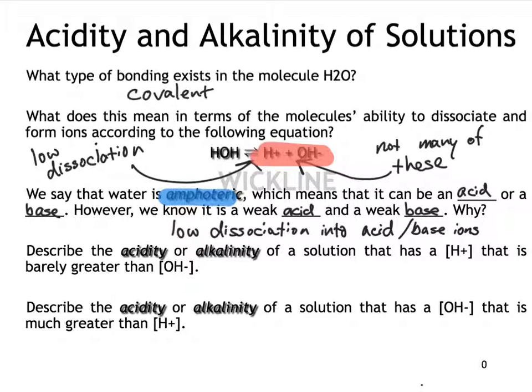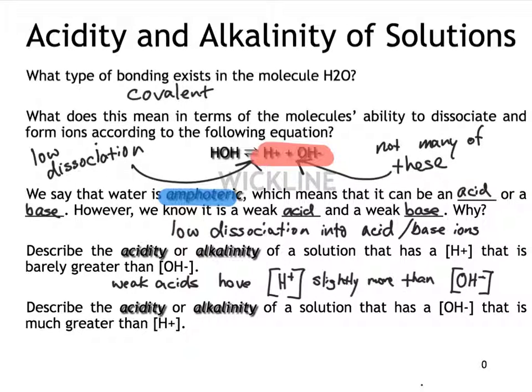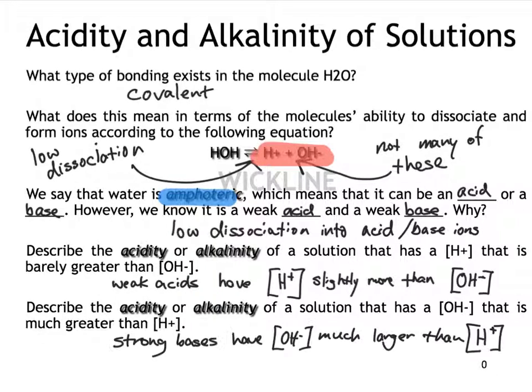But there are solutions that have more H than OH. And in the case where you have just barely more H than you have OH, you would be considered a weak acid. On the other hand, if we had a concentration of hydroxide which was very much larger than the concentration of hydrogen, we would call that a strong base.